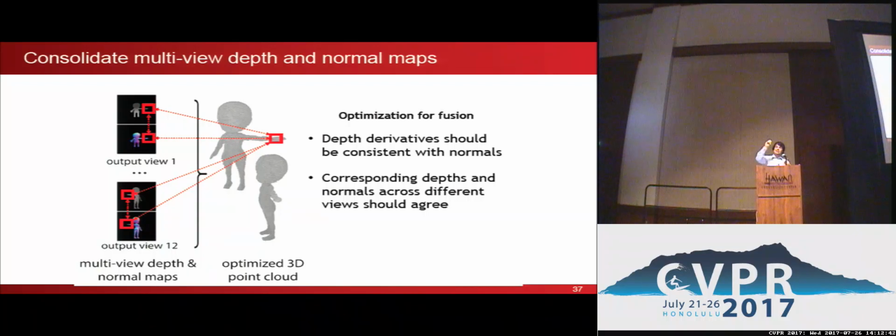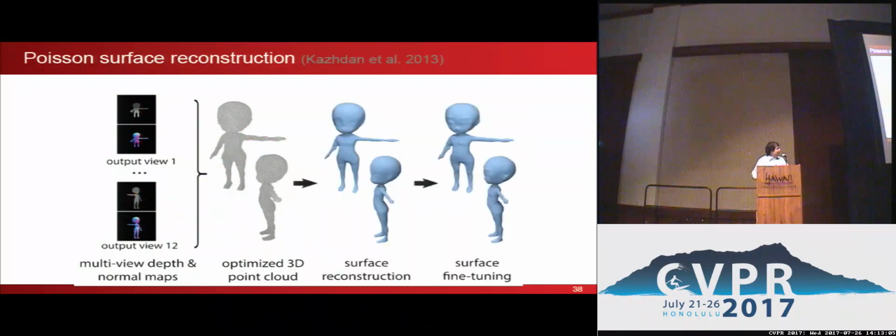Now, you want to make sure that the resulting depth of this 3D point that you get with respect to another viewpoint agrees with the depth that you predicted for that viewpoint from your net. So you have essentially a problem where you want to fuse all the depth maps and the normal maps all together in an optimization strategy to produce a consistent point cloud from all these views. Then you perform essentially surface reconstruction through your favorite point cloud to mesh conversion technique.